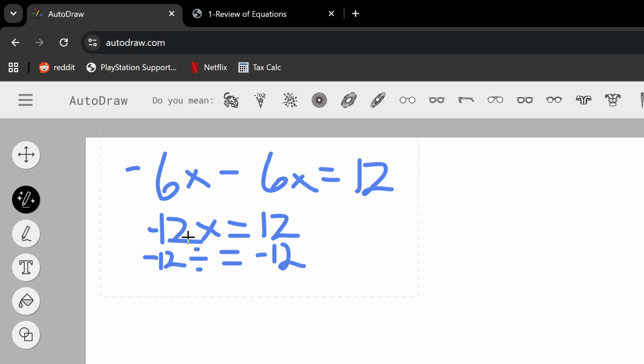Cool. Because now these will cancel out. And this will cancel out as well. But the negative's still there. So you can remember that too. So then we get x equals negative 1. Perfect.